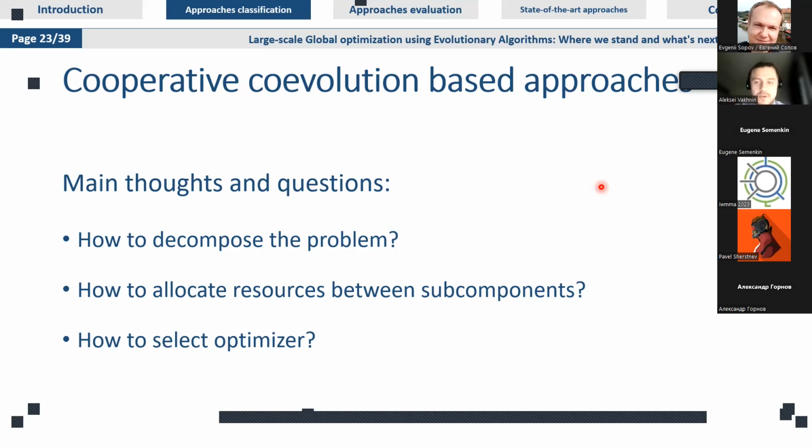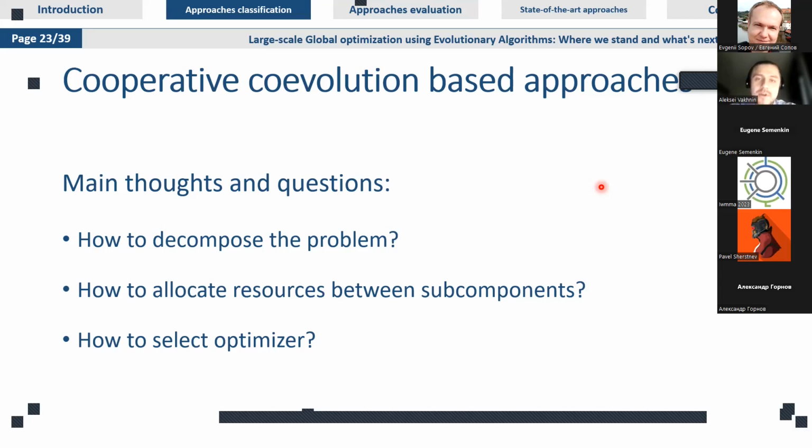Allocating resources to subcomponents is mostly about how many individuals we need if we are speaking about a population-based algorithm. And of course, the main question: how to select an optimizer.